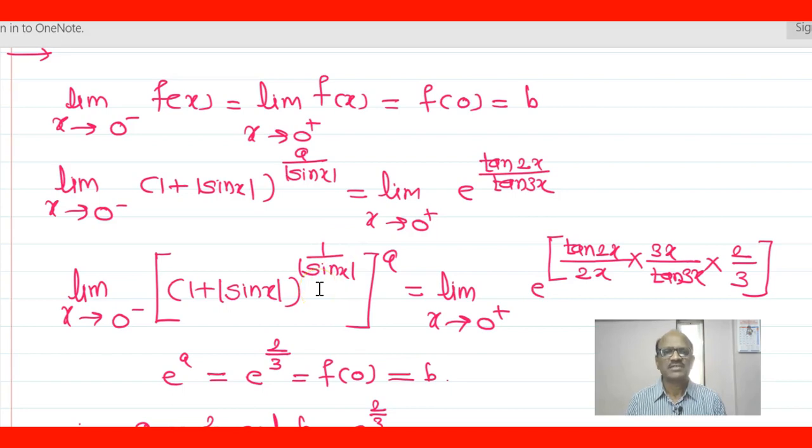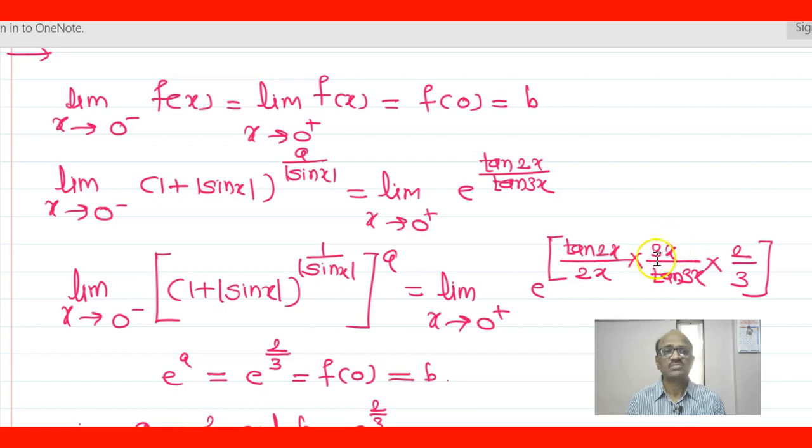In the same manner, we can write the limit x tends to 0, (1 plus mod of sin x) raised to 1 upon sin x, and the whole raised to a, that we can adjust here. And again the next limit, x tends to 0, e raised to tan of 2x, here we require 2x, that is divided by 2x, and for tan of 3x we require 3x.